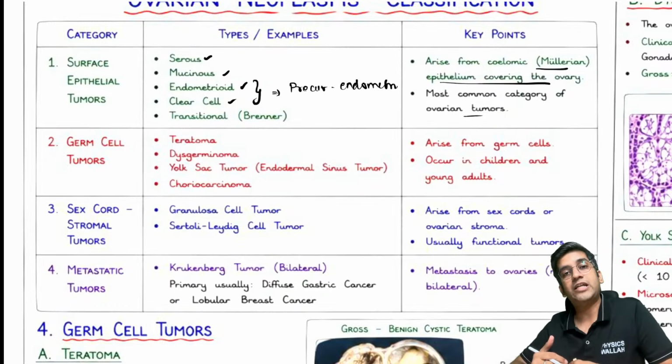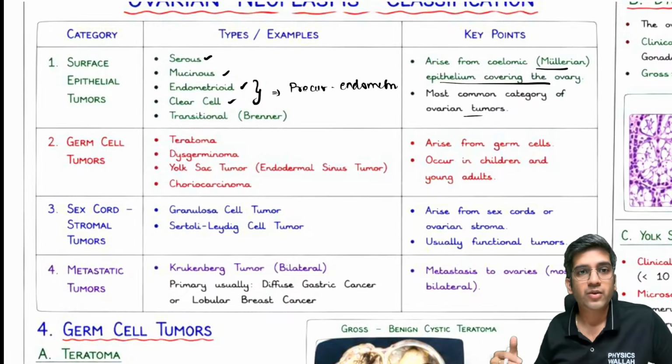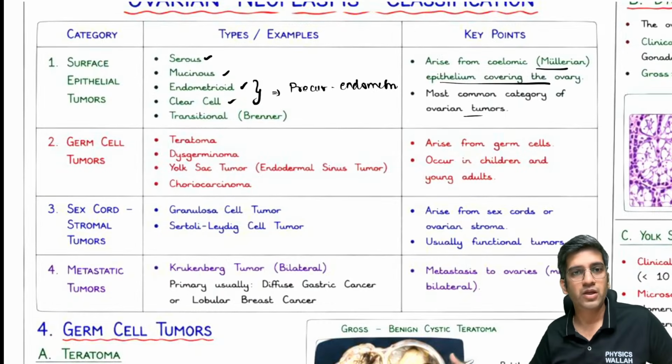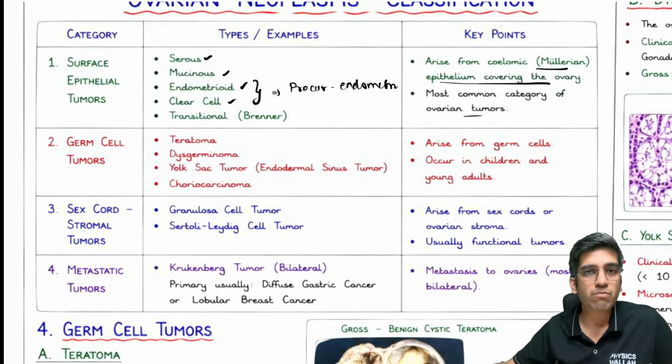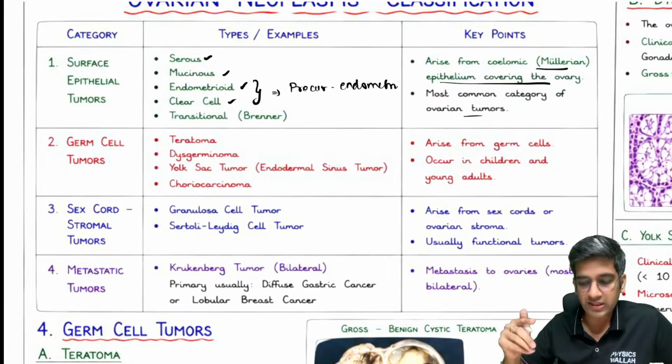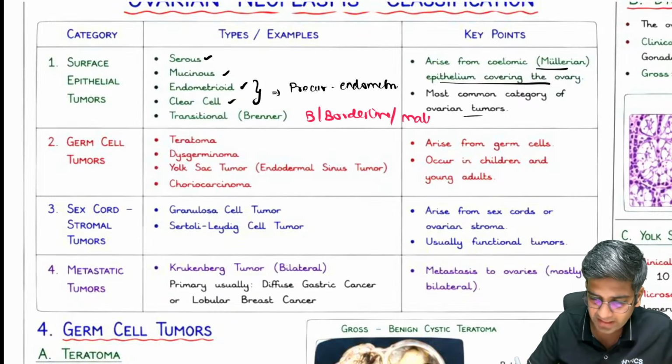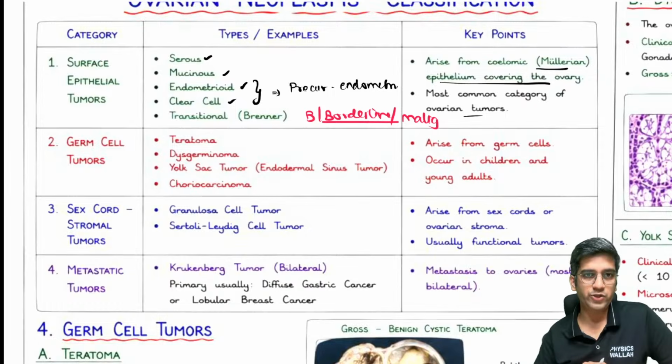If you want to write in detail, we have serous cystadenoma, borderline serous tumor, serous cystadenocarcinoma, mucinous cystadenoma, borderline mucinous, mucinous cystadenocarcinoma. For everything, we have benign, borderline, and malignant categories for all the surface epithelial tumors, right? Borderline is neither benign nor malignant.